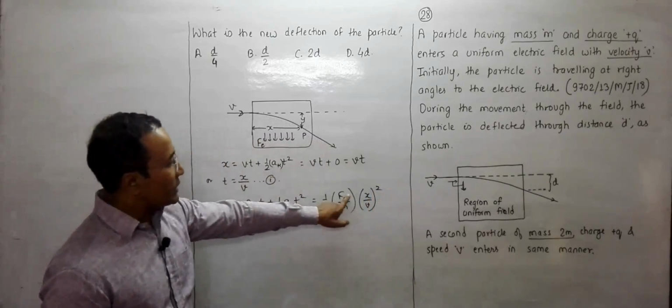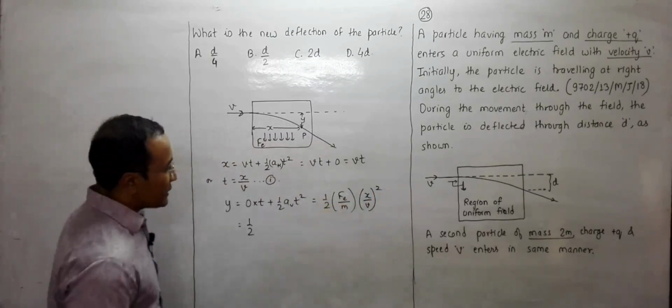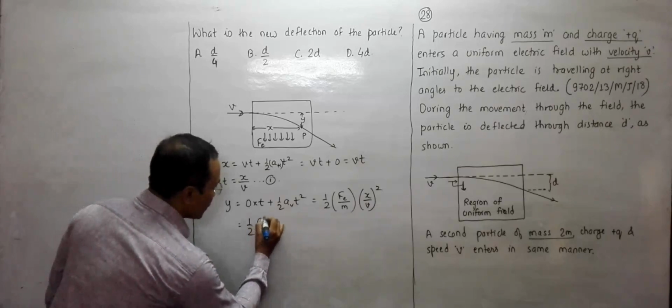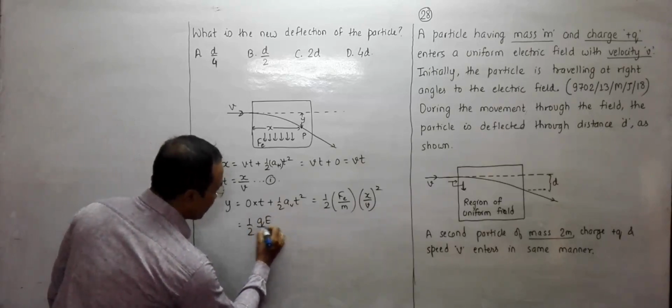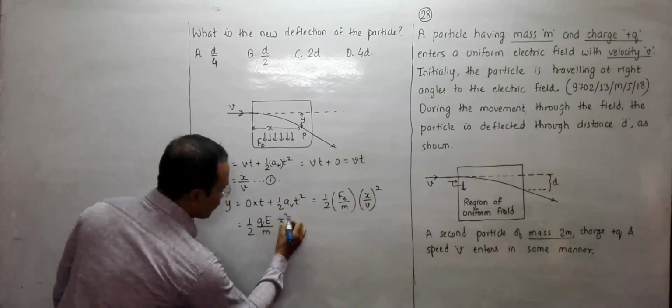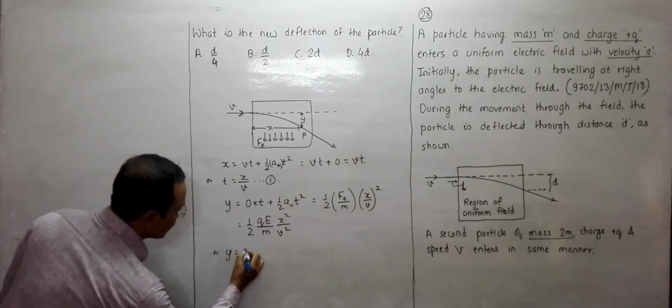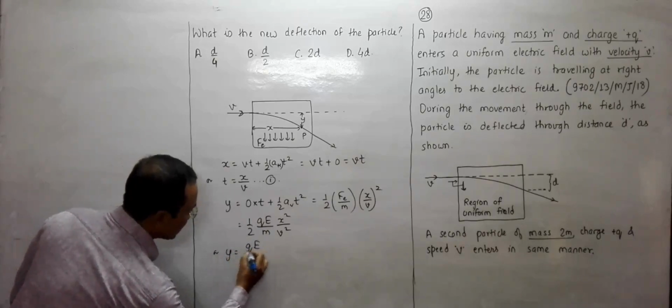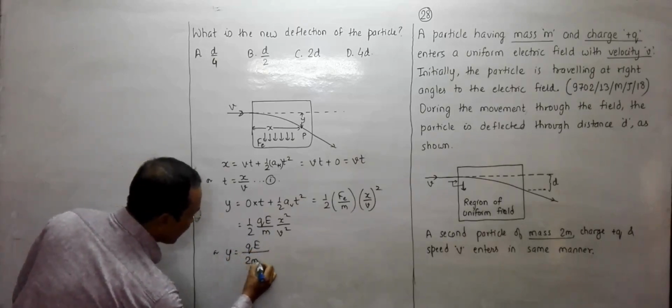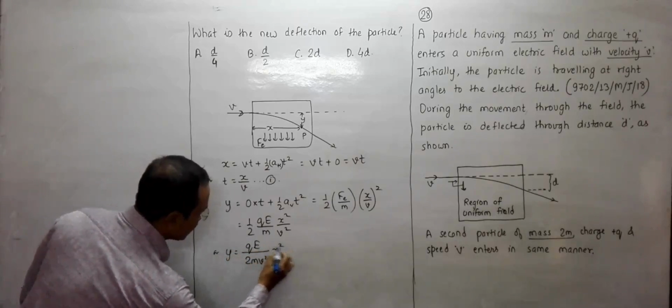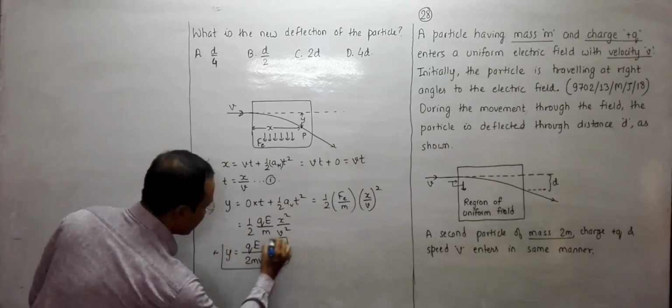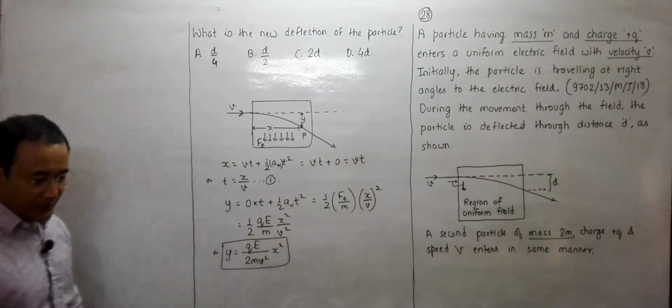Now I can write this Fe as q into E, by m, x square by v square, which will further give me y equal to qE divided by 2mv square, times x square. This is the expression for the deflection.